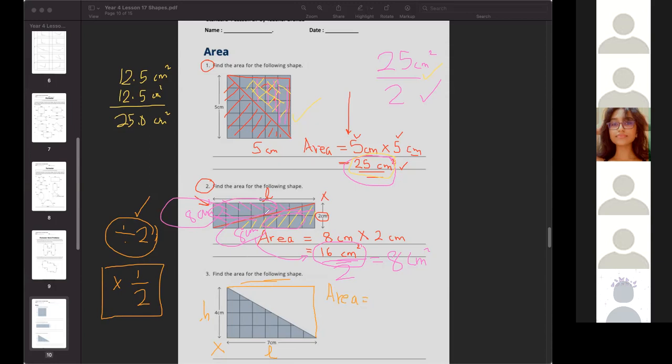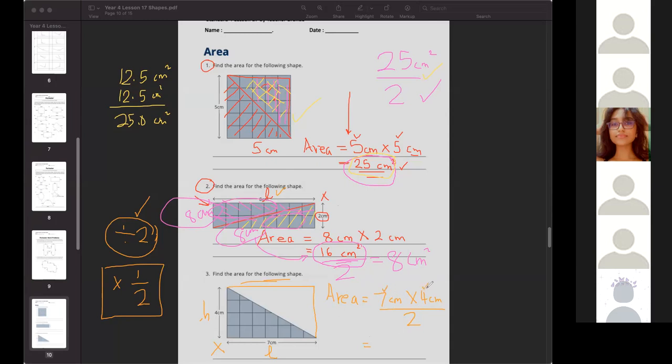So I use my knowledge of finding, take the length, multiply with the height. So the length is 7 centimeters, multiply with the height, which is 4 centimeters. But because it's a triangle, I must divide my answer by 2. Do you understand? Do not forget that part.